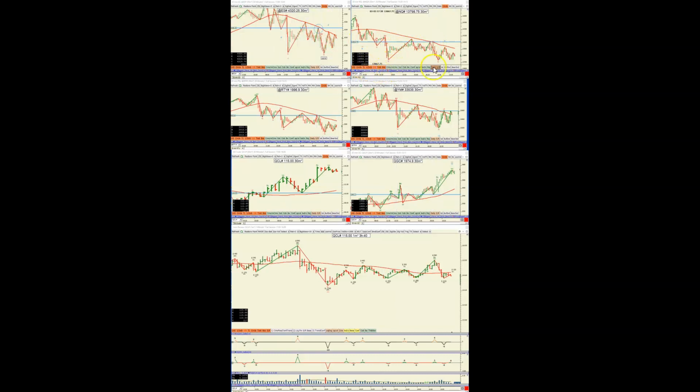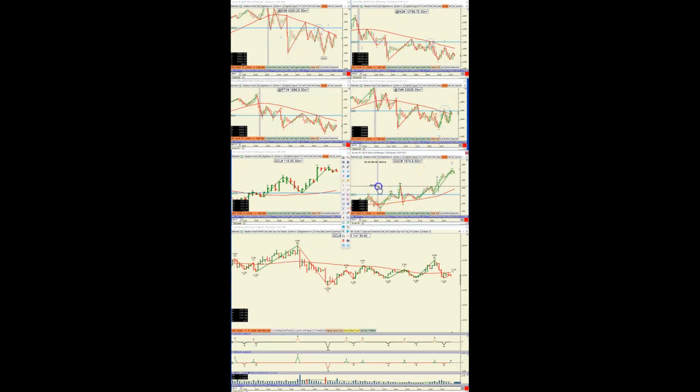In the NQ, it was right here. You can see the 50 period going down. So these are upthrusts in a downtrend. This one is even more obvious right here. That's in the YM.